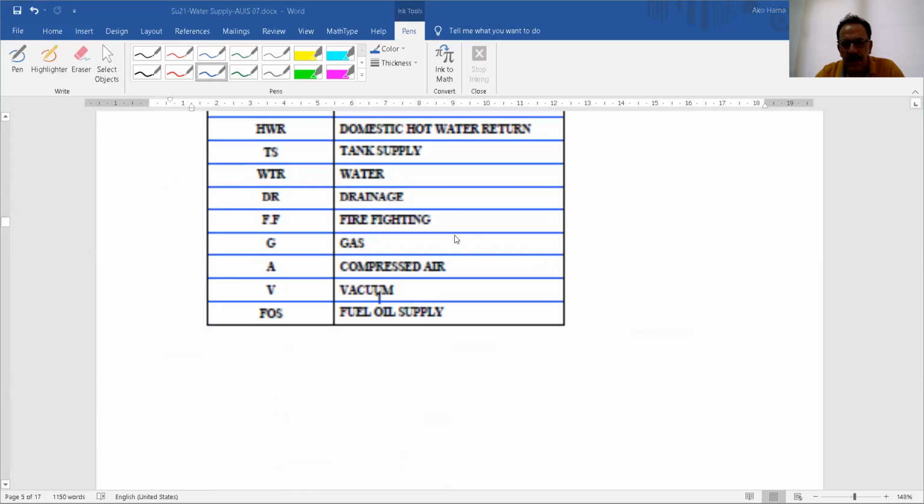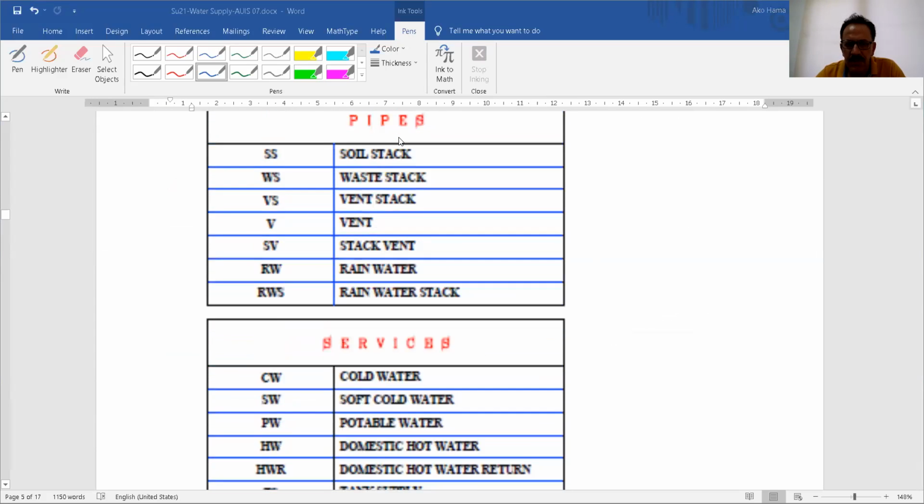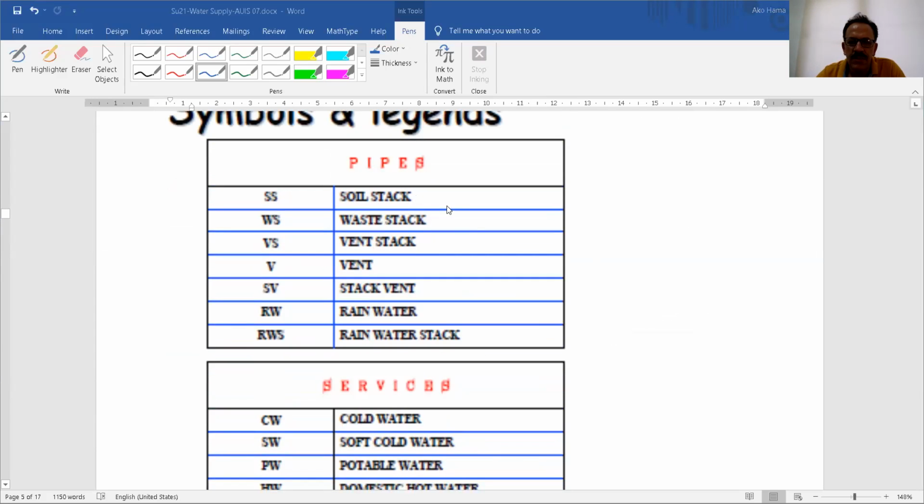Okay. Now, not only the water will be in the plumbing; there will be a plumbing system. We have pipes for ventilation, and this will be VS, vent stack, and waste stack, and we have the soil stack.